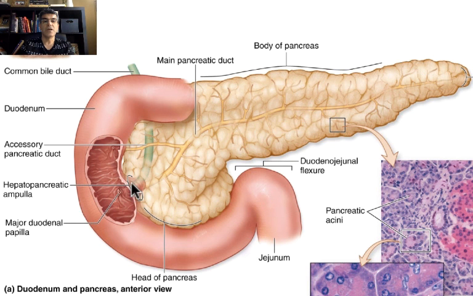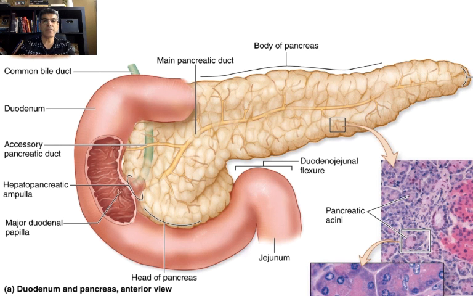When the food is here, the sphincter of Oddi opens up. The juice of the pancreas is going to get inside the duodenum, the bile is going to get inside the duodenum, and they start doing digestion. The pancreas is composed of three pieces: the tail, the body, and the head of the pancreas. This is the head of the pancreas.